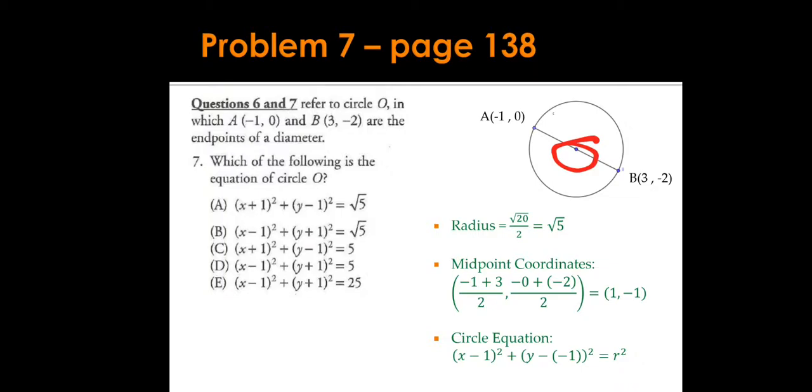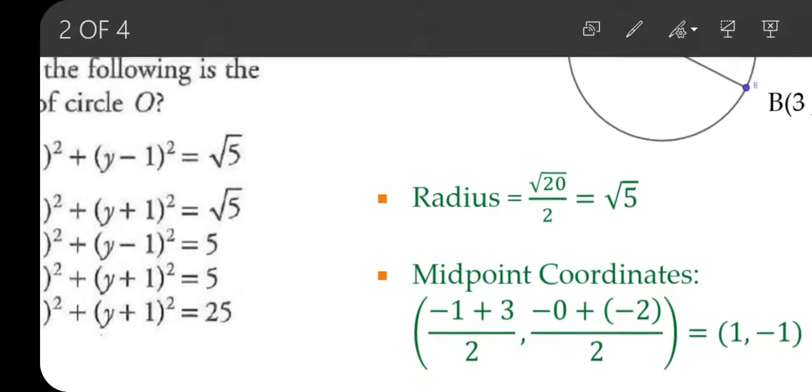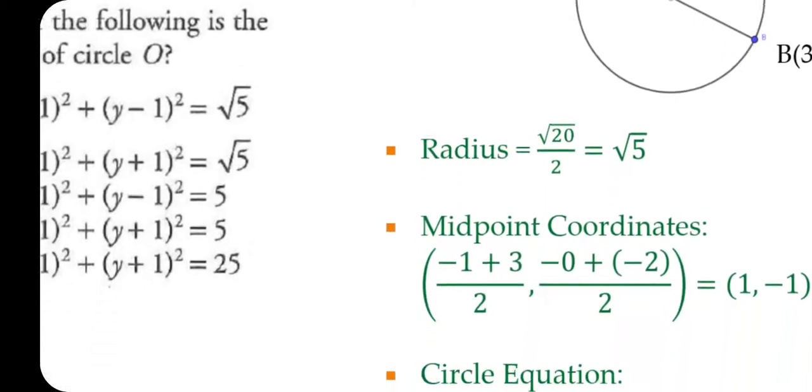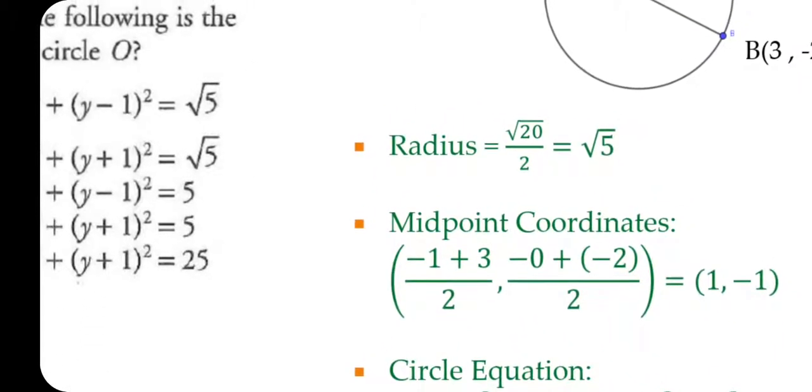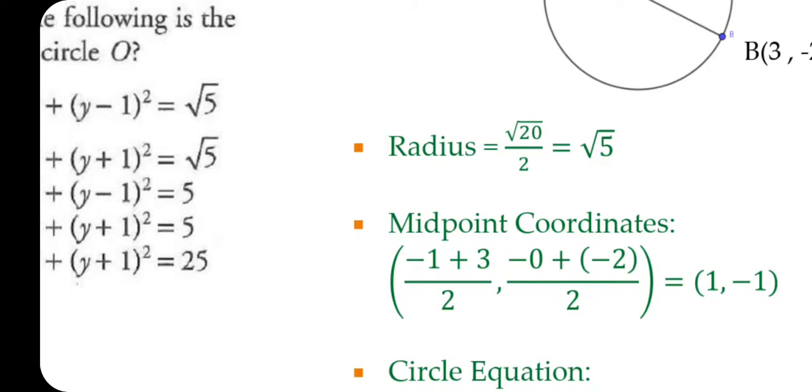The midpoint coordinates are (x1 + x2)/2 and (y1 + y2)/2. So I have added the x's and divided by 2 and added the y's and divided by 2, and we found that the center of the circle is (1, -1).